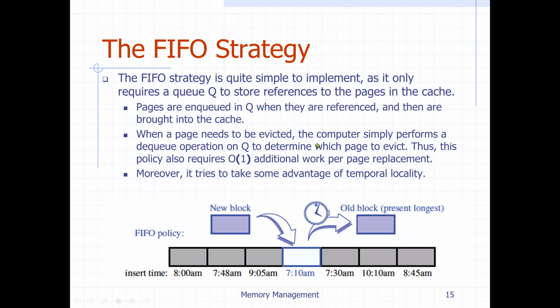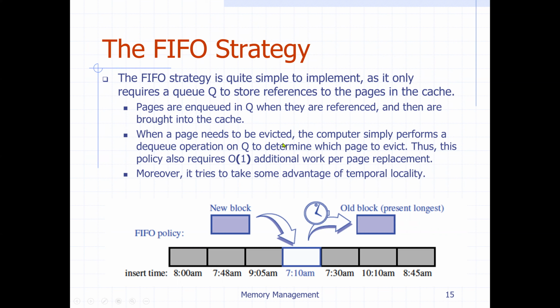Now the first in, first out strategy is quite simple to implement, as it only requires a queue to store references to the pages in the cache. So here we say the pages are enqueued in a queue object. We insert the pages into a queue object when they are referenced and then brought into the cache.